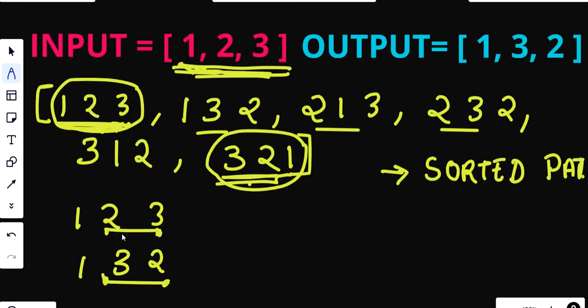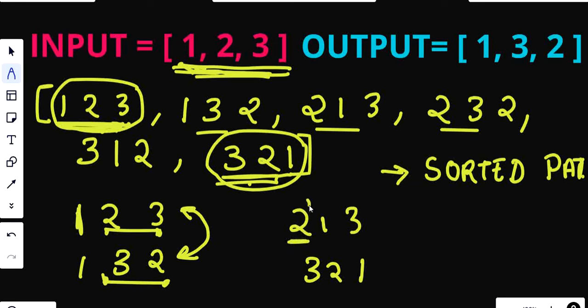If I look at the difference in these two numbers, it is not that huge, right? From 123 to 132, it is not that big a difference. But if I look at 2, 1, 3 and 3, 2, 1, in this case I see that the number at the leftmost place is the one which is changed.